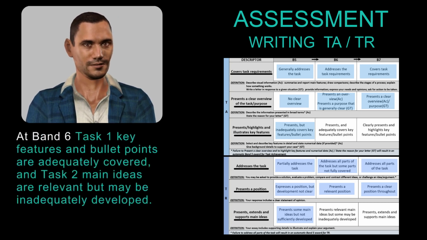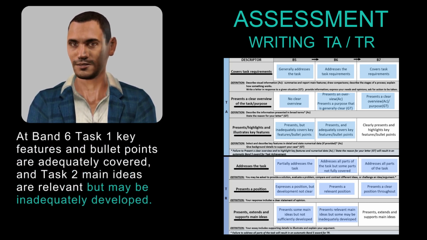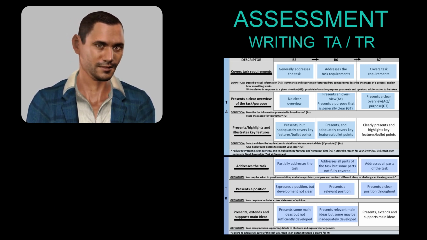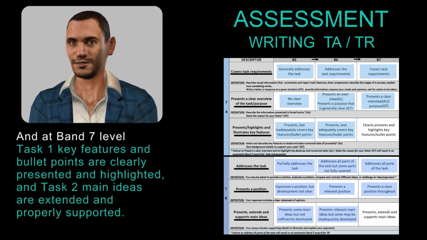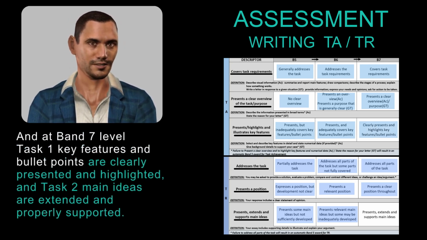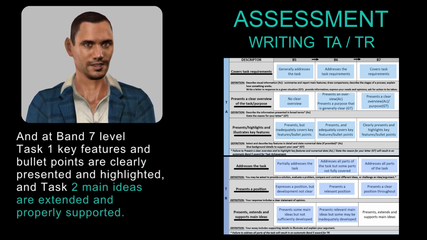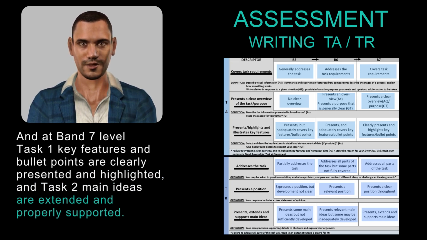At Band 6, task 1, key features and bullet points are adequately covered, and task 2, main ideas, are relevant, but may be inadequately developed. And at Band 7 level, task 1, key features and bullet points are clearly presented and highlighted, and task 2, main ideas, are extended and properly supported.